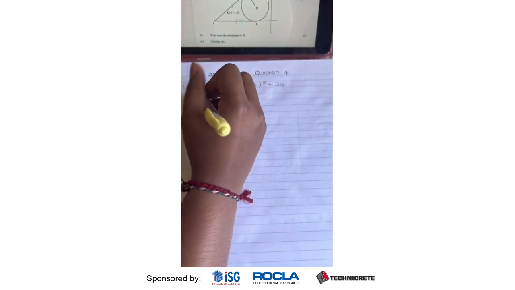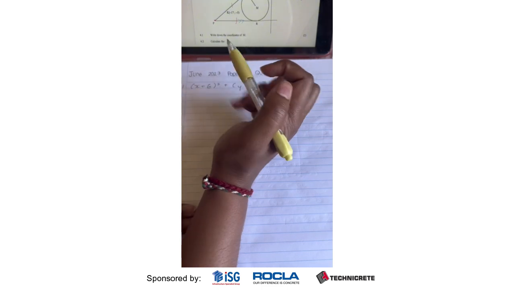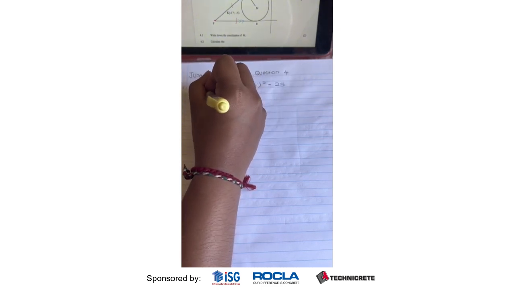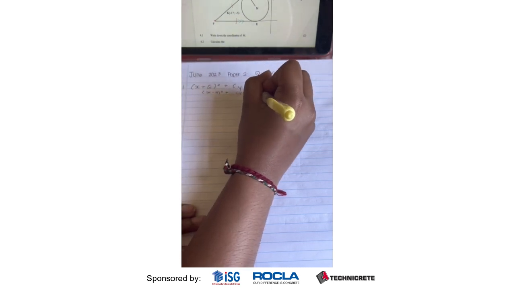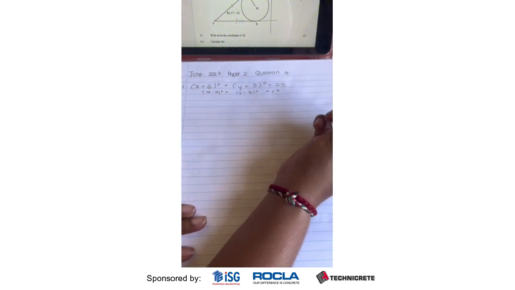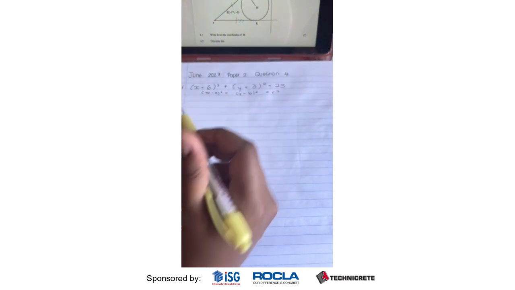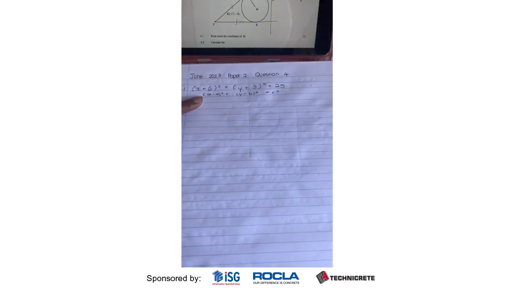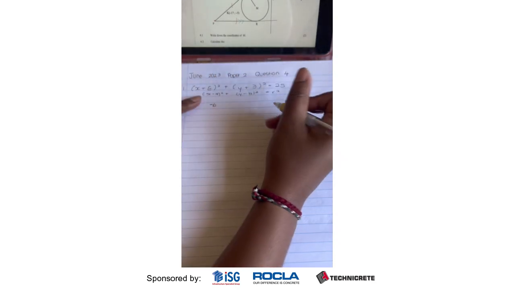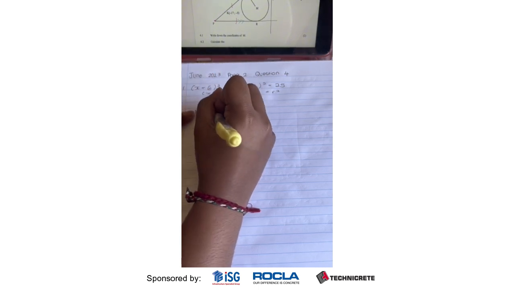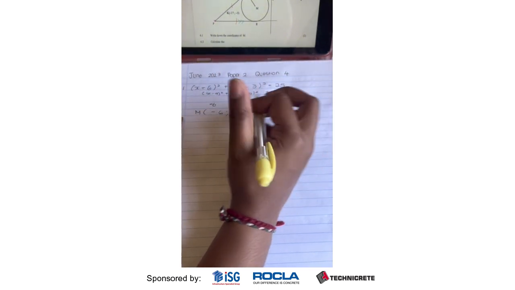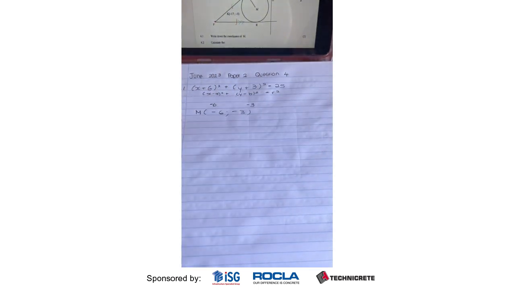In the equation, x minus a squared plus y minus b squared is equal to r squared. So therefore my value is going to be negative 6 for my x value and negative 3 for my y value. So M coordinates are (negative 6, negative 3). Okay, so that was a fairly easy question.